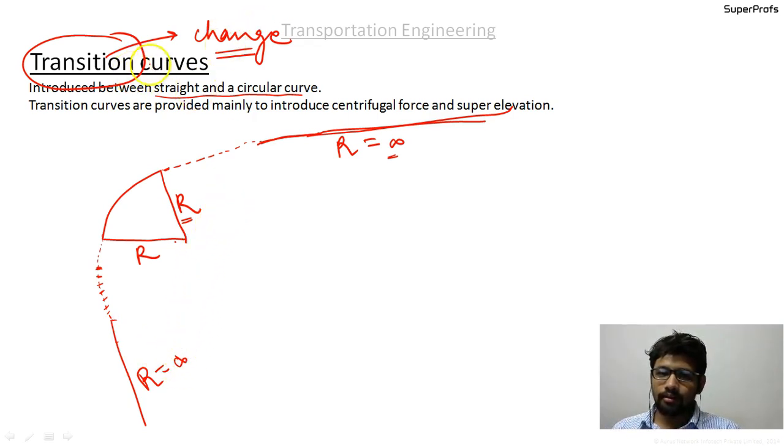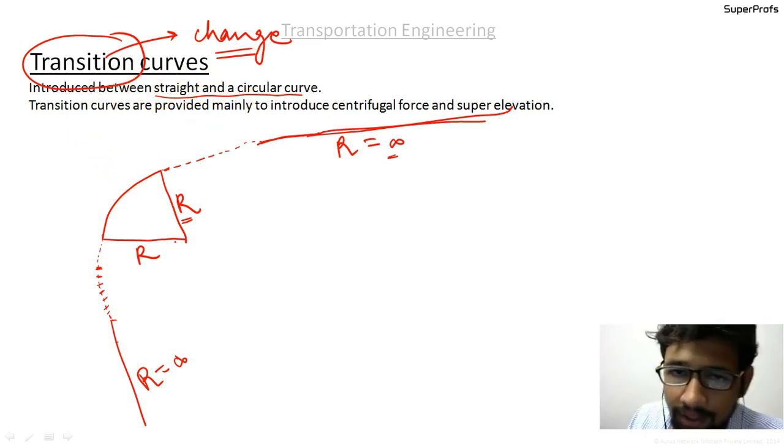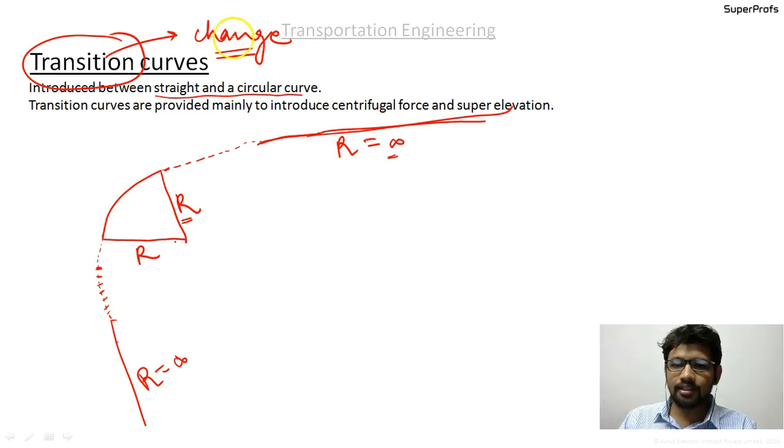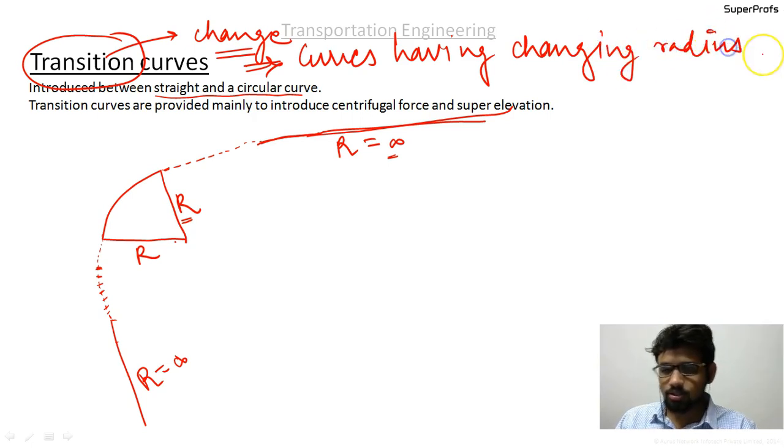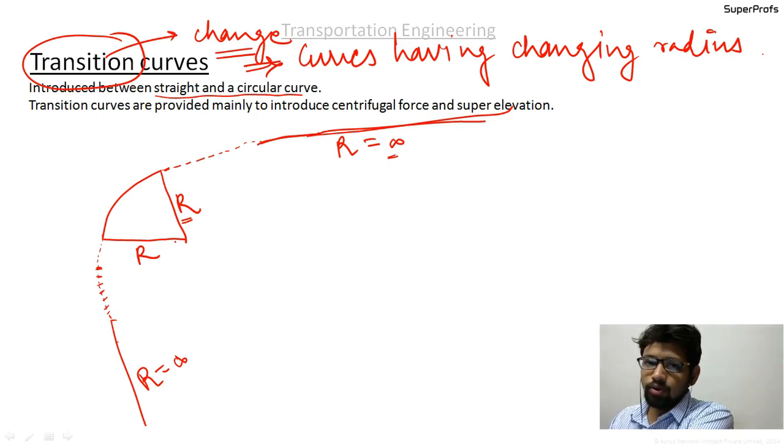So transition curves are curves having changing radius. There is no fixed value of radius for the transition curves.